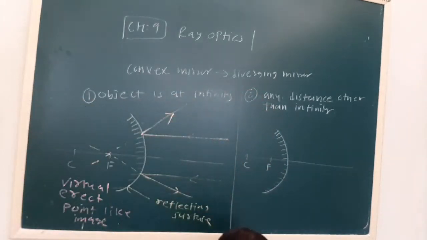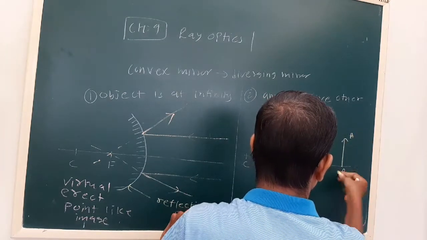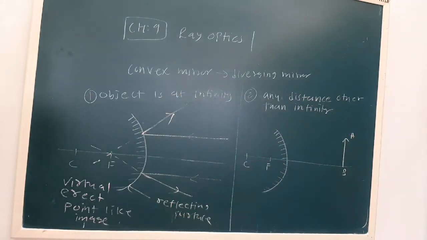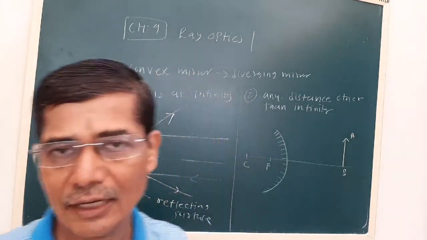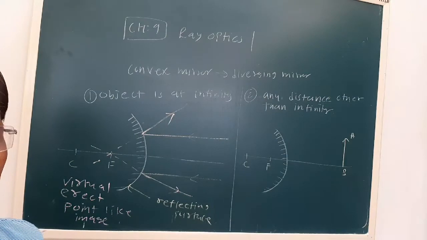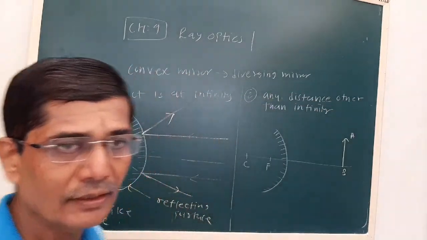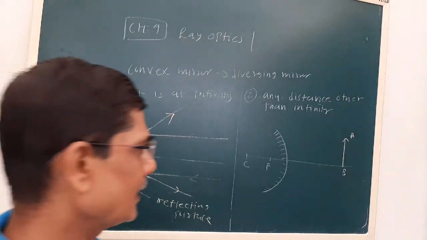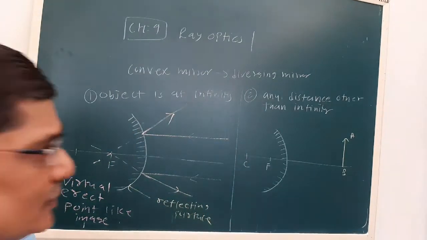Okay, now let us say AB is the object. We have to see how the images form. Now, see, in the last lecture we discussed how to draw a ray diagram. So, out of those three conditions we discussed, we take any two of these. So, we can determine how the image is formed.